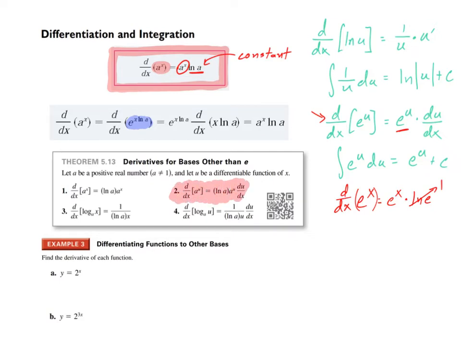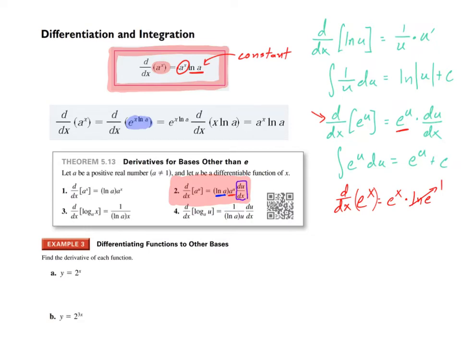The derivative of any exponential function is the original exponential, that is the a to the u here, times natural log of the base, that's the ln of a, times the derivative of the exponent, that's the du dx.